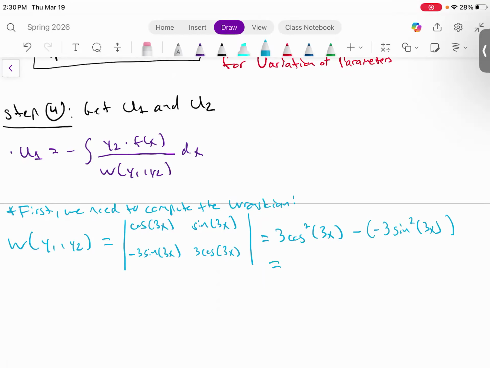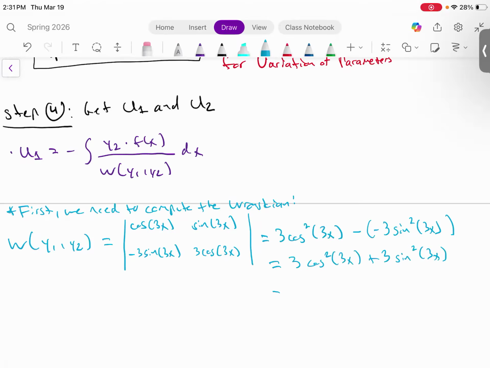Two negatives make a positive. We end up with 3 cosine squared 3x plus 3 sine squared 3x.